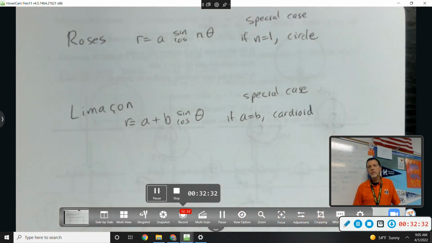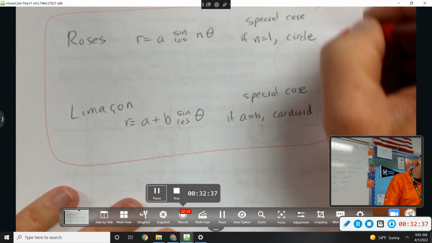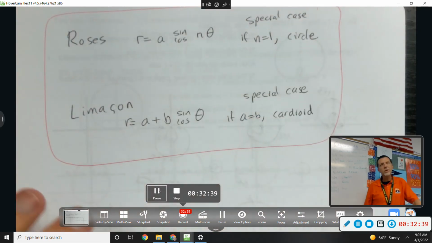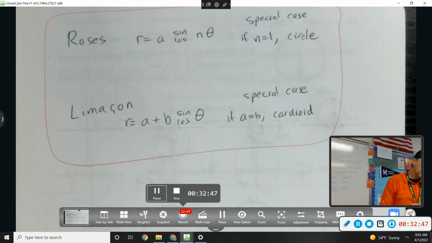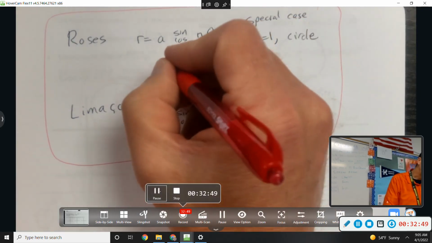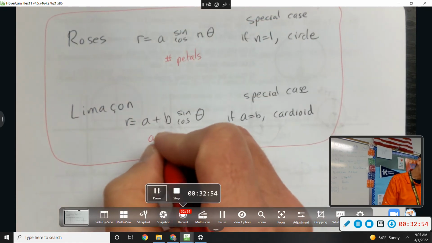So do you have to memorize the equations? Yes. But there's kind of only 2 equations. And then some special cases just sort of happen out of that if certain things happen. Yeah, we still got to be careful about number of petals. A plus B is the far point.